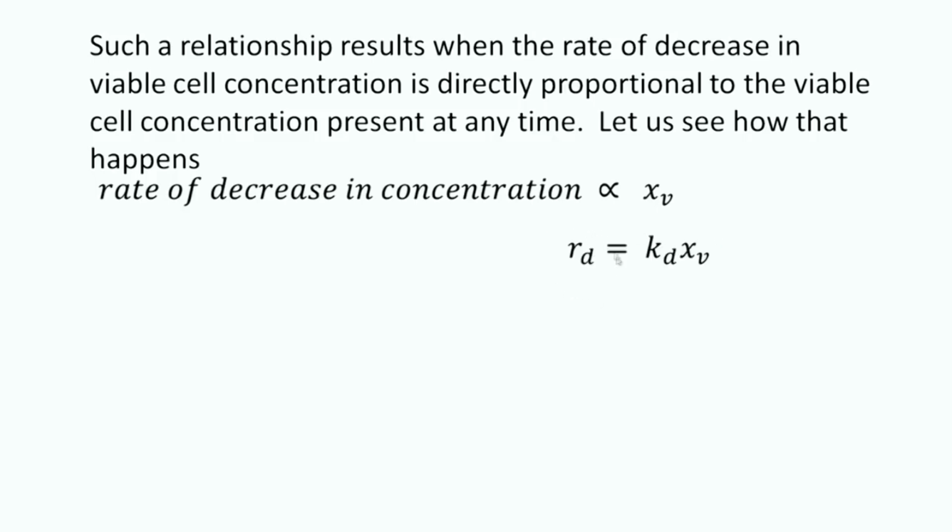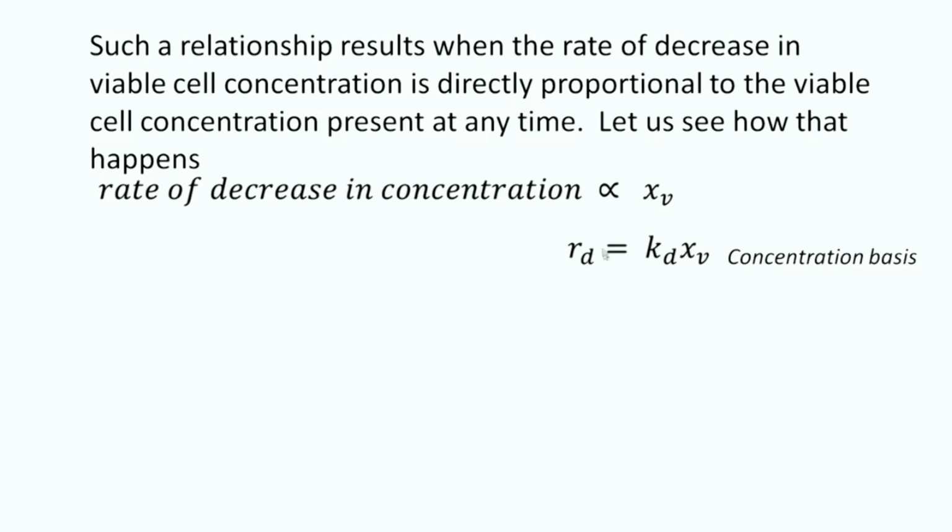If we call the rate of decrease in concentration R d, since it is proportional, we can replace the proportionality by an equal to sign, and here we need to multiply x v with a constant. Let us call this constant k d. You might be familiar with this kind of first order expression from your earlier courses. So, we are using a first order representation here.